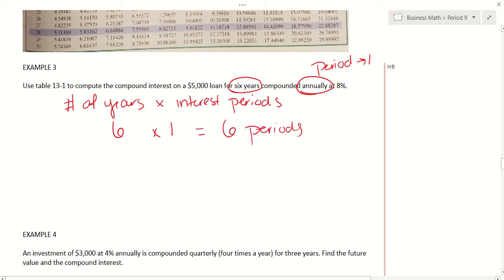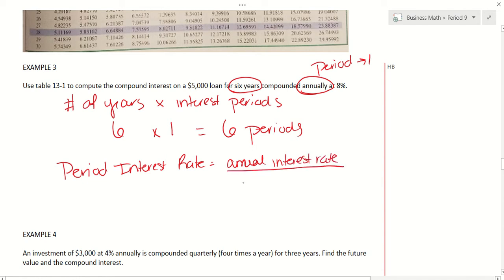Now, to find your period interest rate, that is your annual interest rate over interest periods per year. So in this case, what is our annual interest rate?